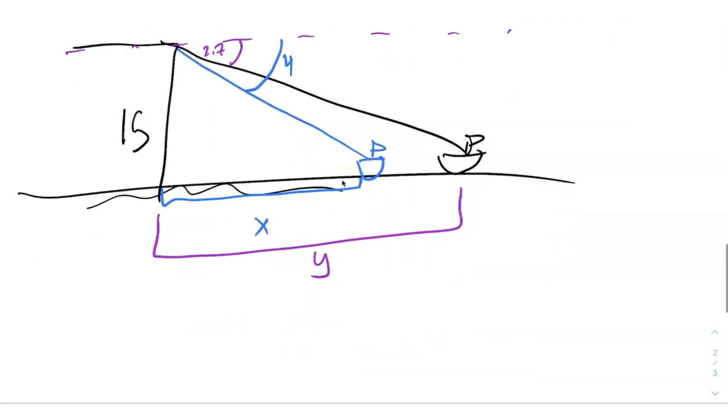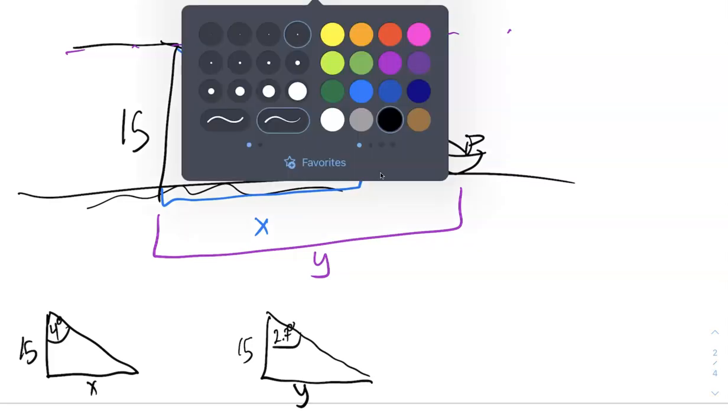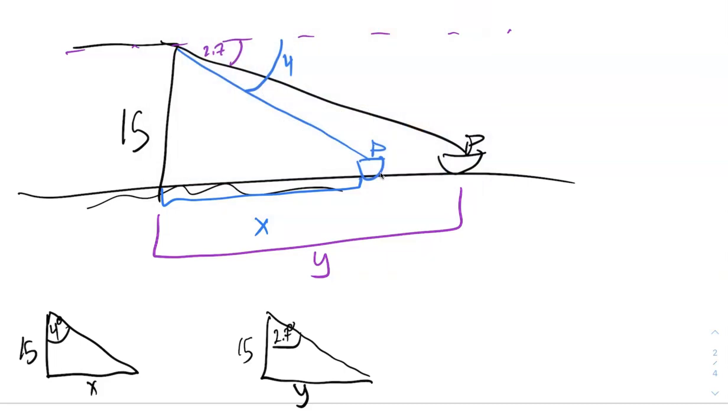So we have two triangles here. We have the small triangle, that's 15, 4, and x. And then we have the slightly bigger triangle, that's 15, 2.7, and y. And in both of these, those should be degrees. Right, so we've got to solve it. So opposite my right angle, this is adjacent, so that's a tan.